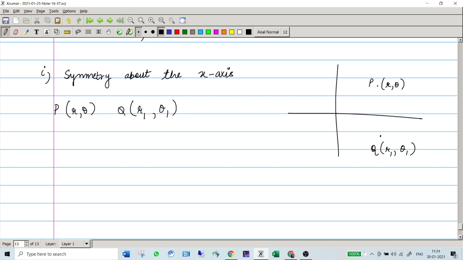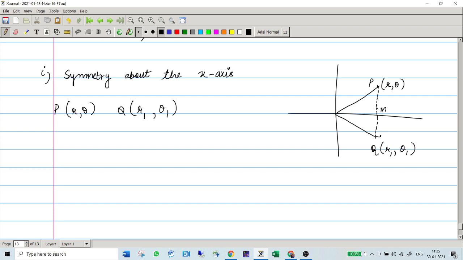So if this is your point r comma theta, and this is r1 comma theta 1, in what circumstances are these symmetric points of each other? Whenever this distance PM is equal to the distance QM.